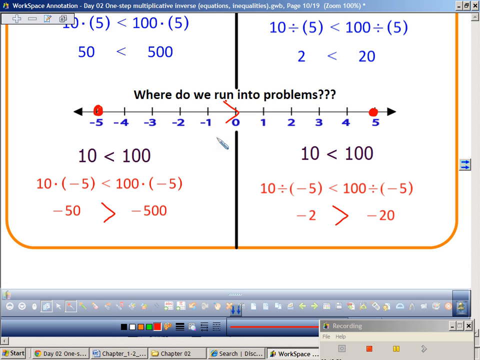You kind of see what I'm saying? If I'm on this side and I want to switch over here, then I need to flip my sign, right? Now being over here. See how that works?